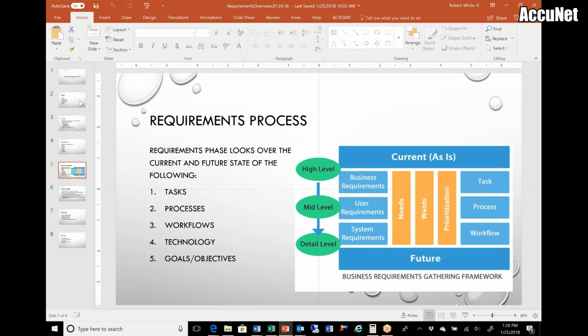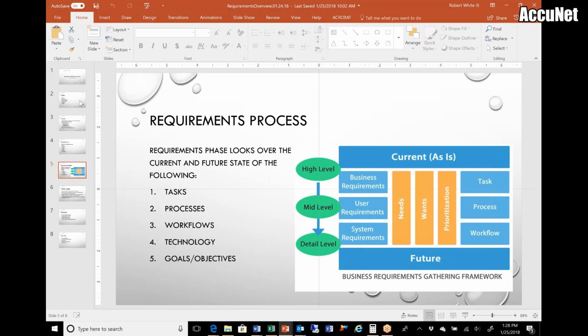So during requirements, we're going to put those tasks, processes and workflows together on paper, so that we can have a nice collaborative session with the client to say, is this required? Is this needed? Could we automate this? We can answer the automation. We can help answer what is a future state and how a tool might accommodate that. But we want to make sure that we're in agreement with the customer at that point.